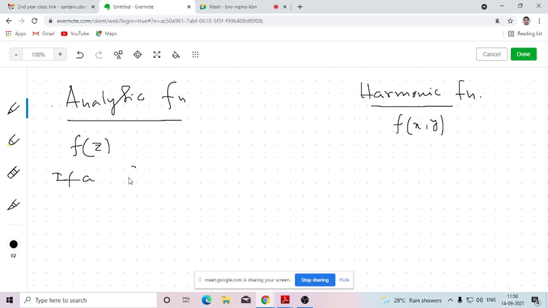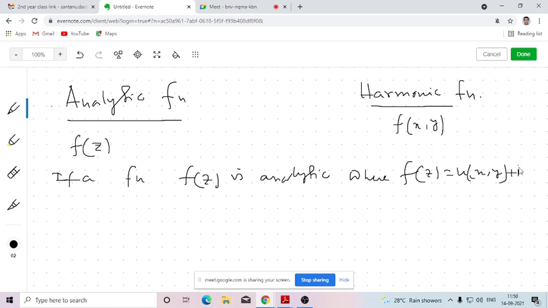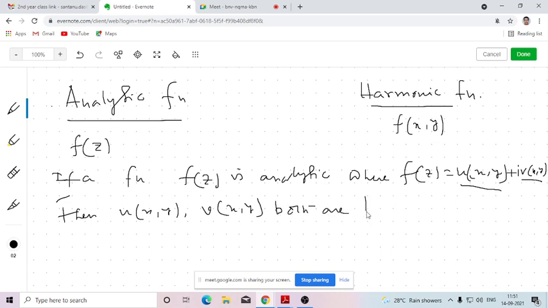If a function f(z) is analytic, where f(z) equals u(x,y) plus i v(x,y), so here the real part and the imaginary part of that function are two functions of two variables, then u(x,y) and v(x,y) both are harmonic functions.